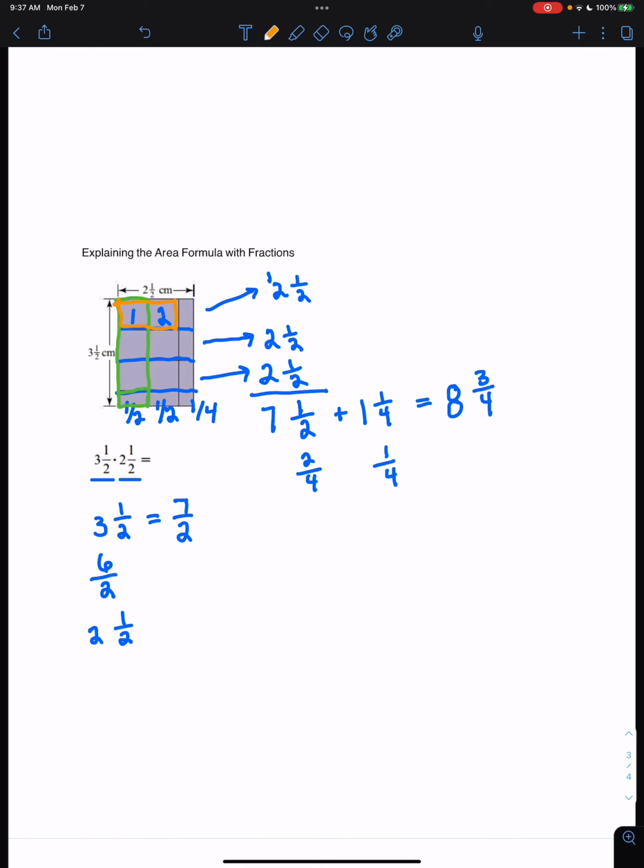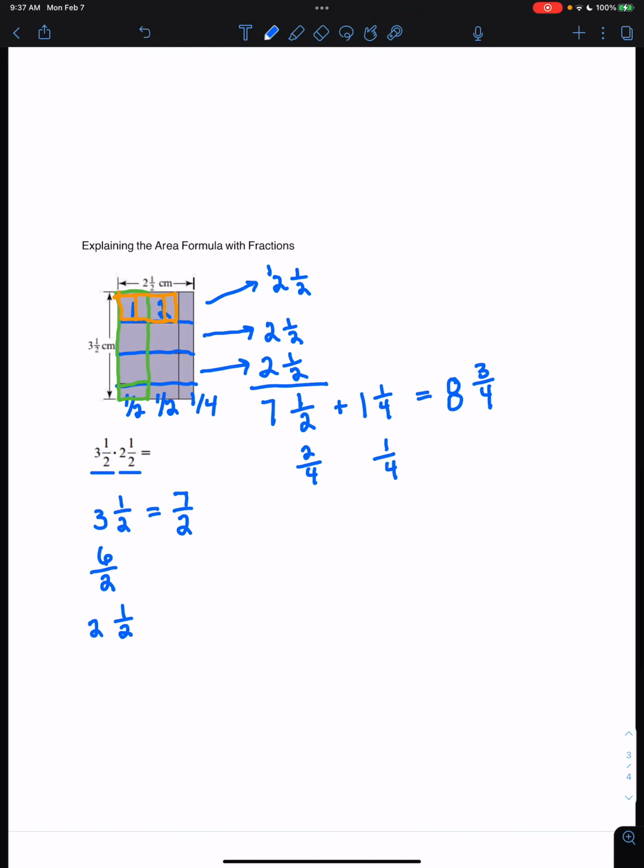So we're going to split them each in half, and we end up 2 times 2 is 4 halves plus 1 half. So this is going to be 5 halves. So we've got 7 halves times 5 halves.